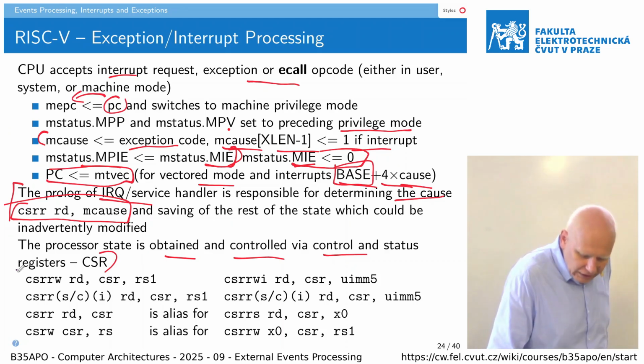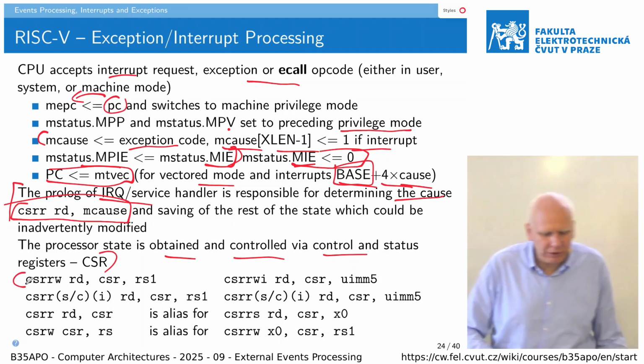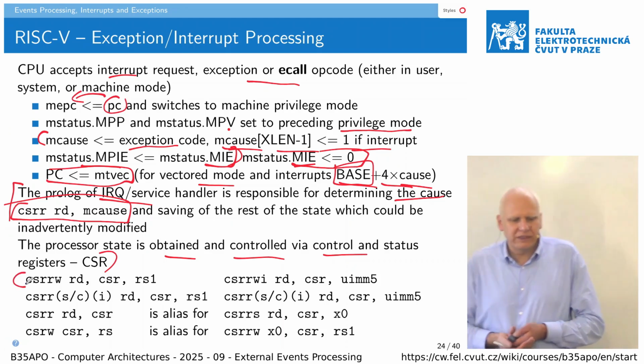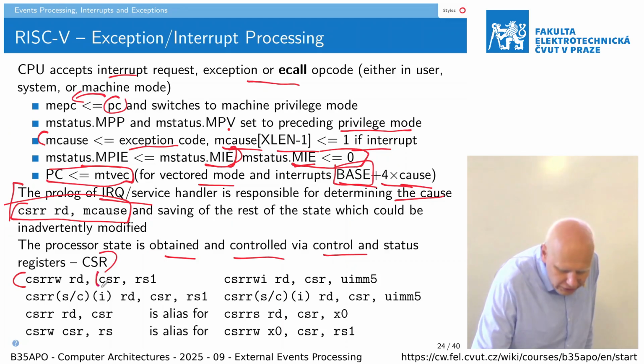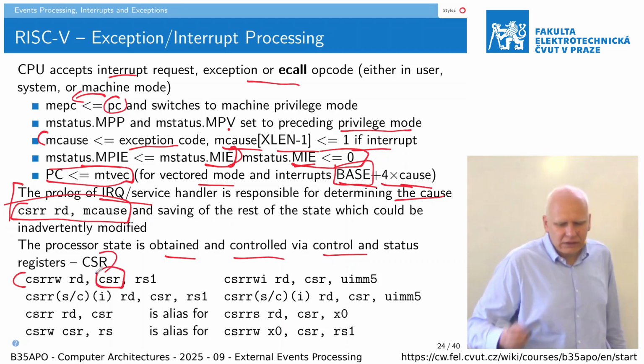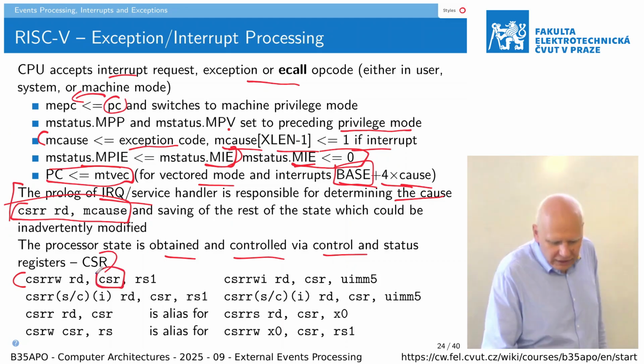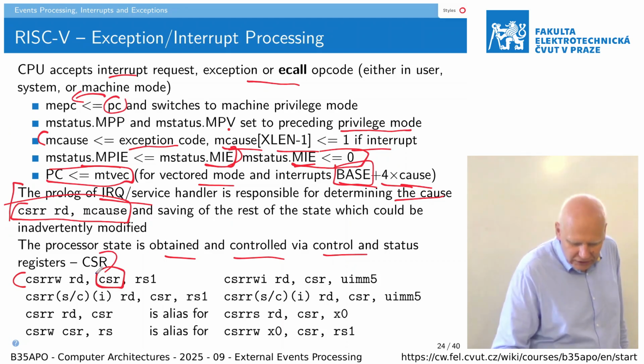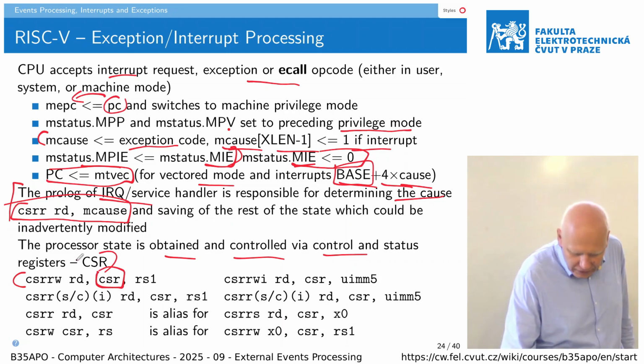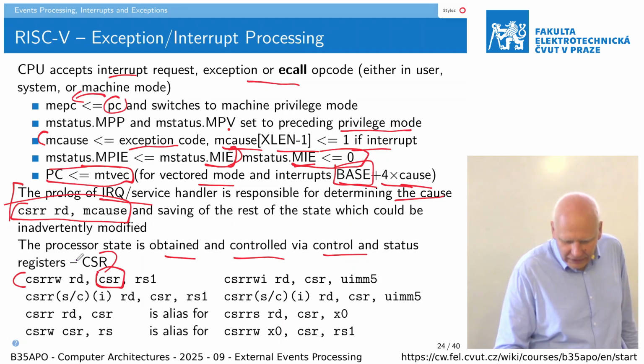In fact, because sometimes you want to swap the value between the control status register and the general purpose register, the basic operation is the read and write in one go.